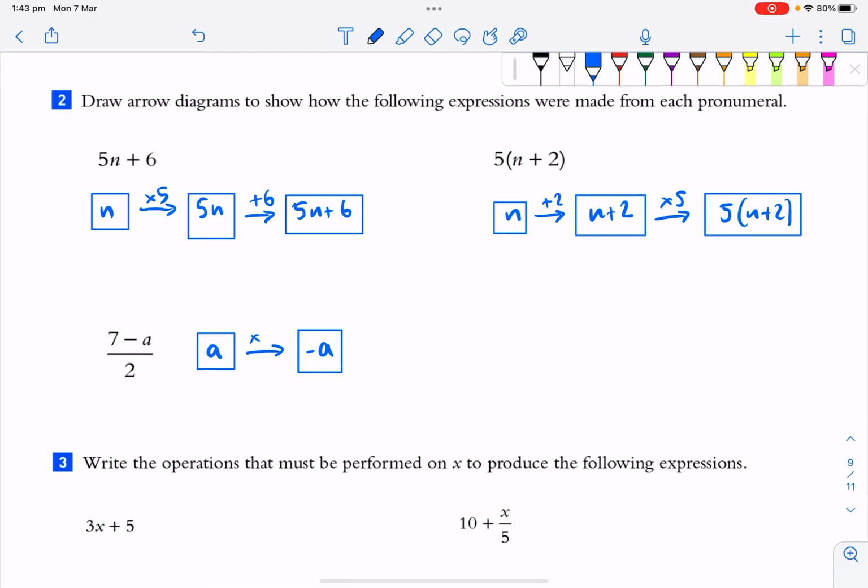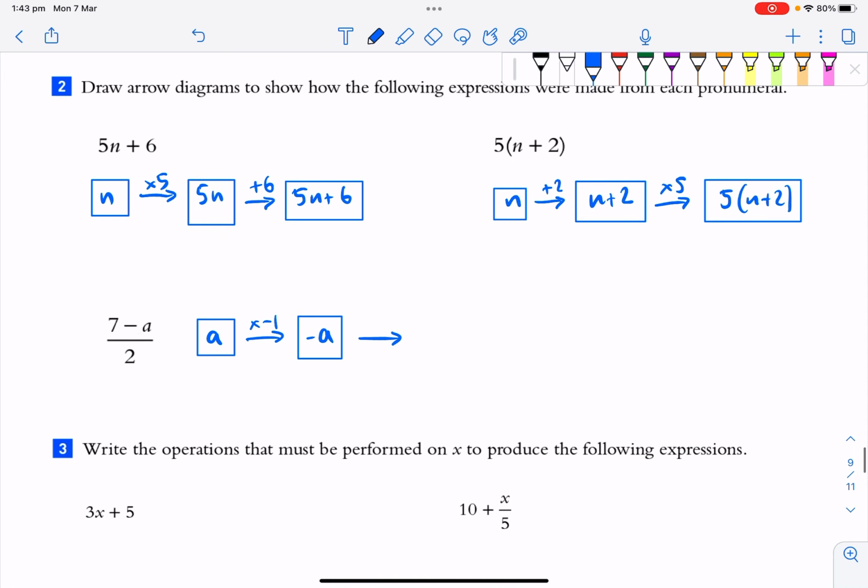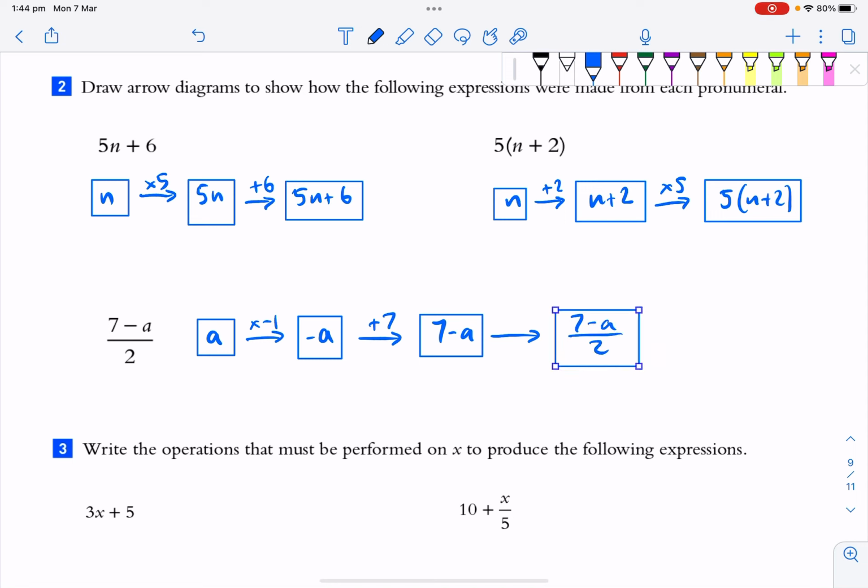So it's been multiplied by -1. And then the next one, we can see 7 has been added. That's how we get 7 take away A. And then finally, we divide by 2. And that's the final step. There we go.